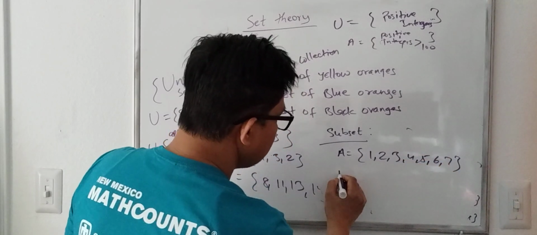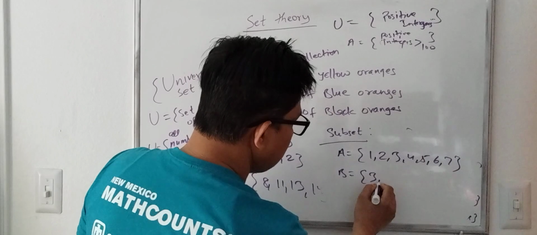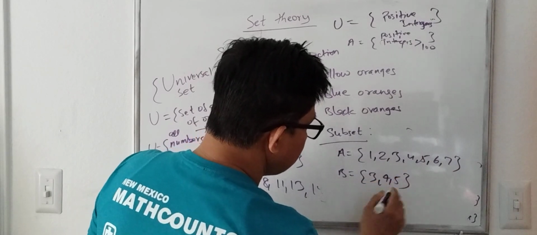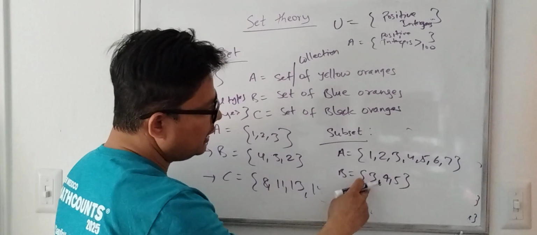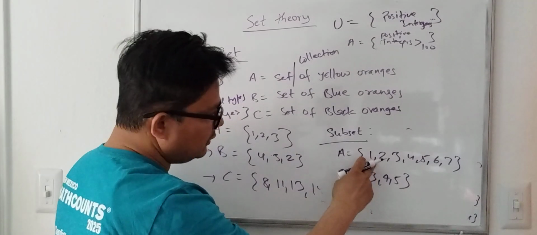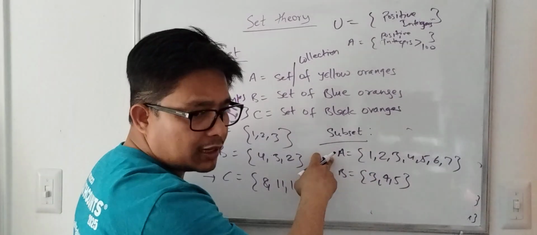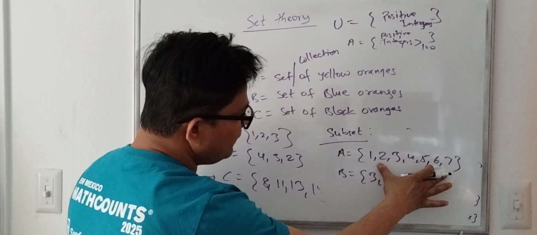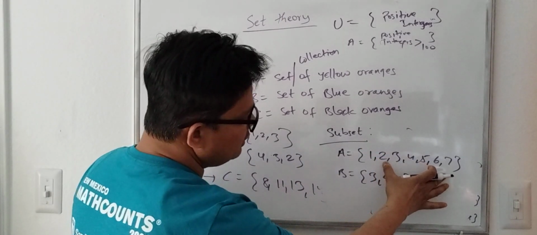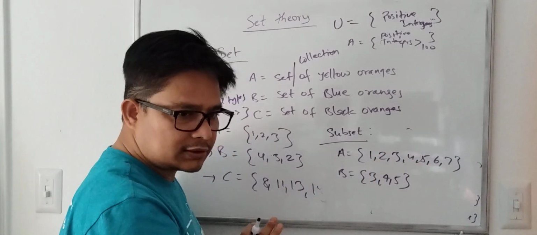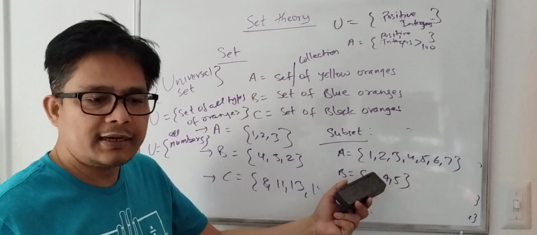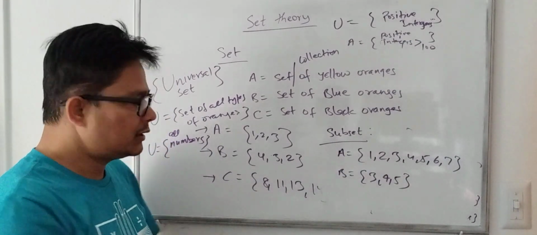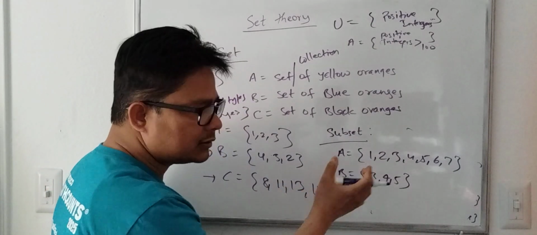And then we have B is {3, 4, 5}. So you see all the elements in B are from this set A. So in this case, A can be called a universal set. It's not like the universal set will be very, very large. No. You can define any set as the universal set and then the remaining sets are smaller than that.